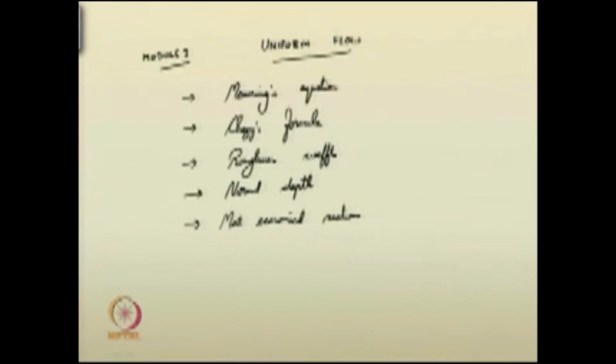Then after dealing with these things, we also suggested about section factors and other parameters in this particular module also. After that, we came into the biggest module of this course, that was varied flow.